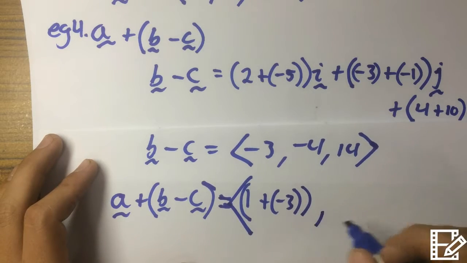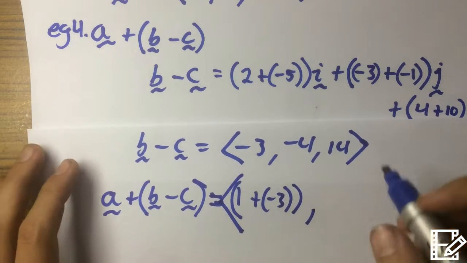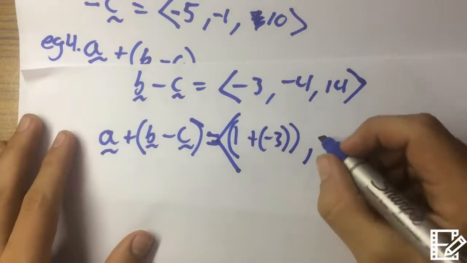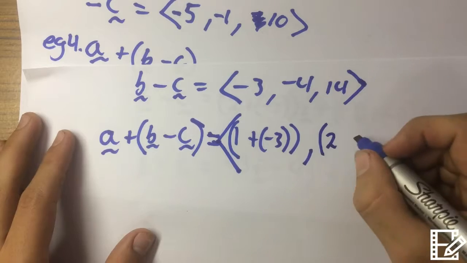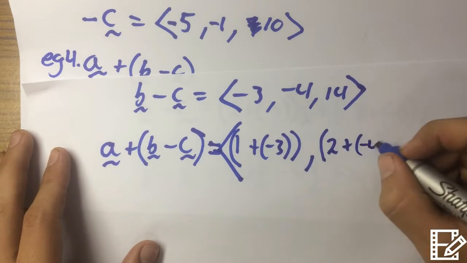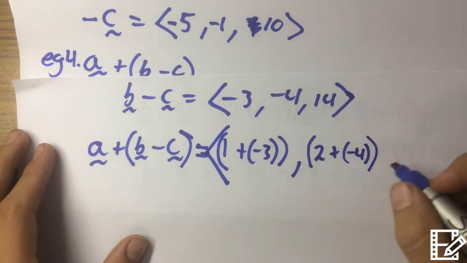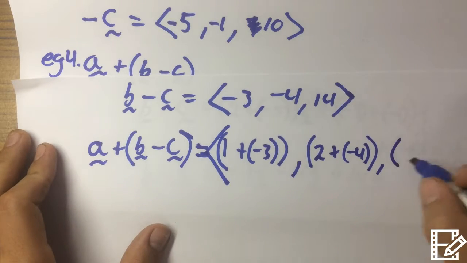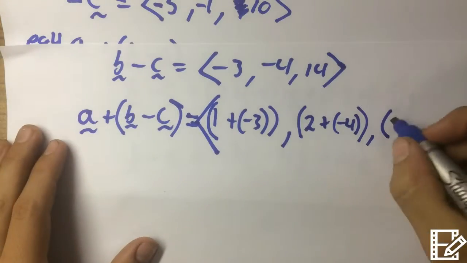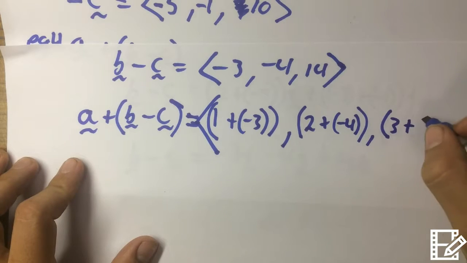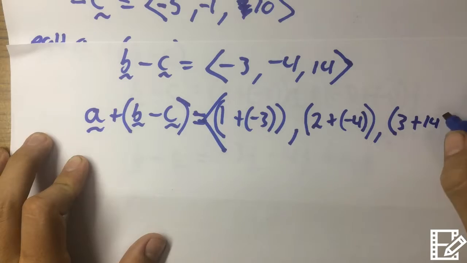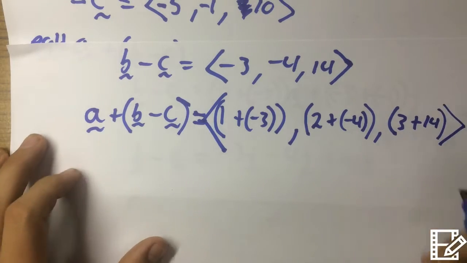And that's our i value, then we use a comma, and now we do our j value. The j value for a is 2. 2 plus, now what did we get for this? We got a negative 4. And then we do another comma. What is our k value for a? It's 3. 3 plus, what do we get for our k value, which is 14? So we just put 14. Okay?